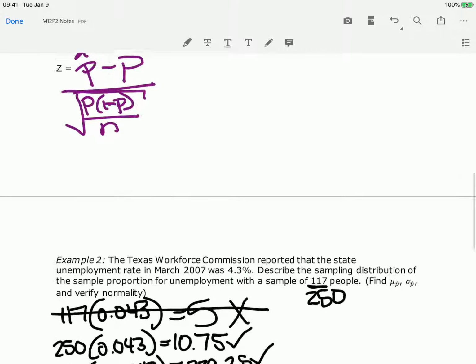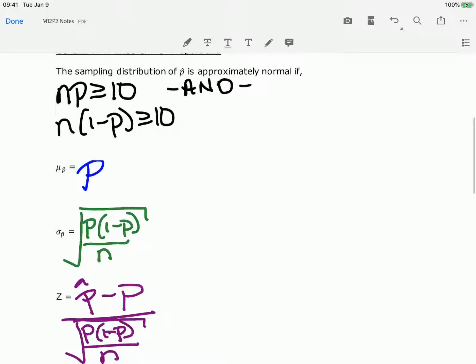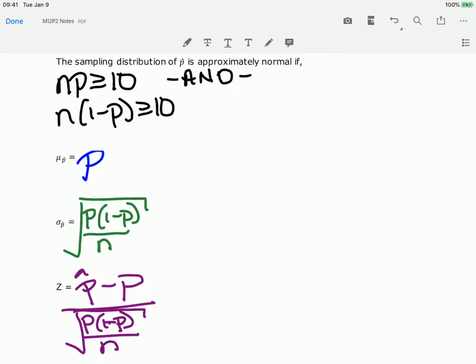Just to recap, the biggest things to get out of this one are these 4 things right here. So how to check and make sure that you have a normal distribution. Okay, if you don't do these first 2 equations, this n times p and this n times 1 minus p, if you don't do these 2 guys, you cannot say that you have a normal distribution. And you must do both, and they both must be greater than or equal to 10.